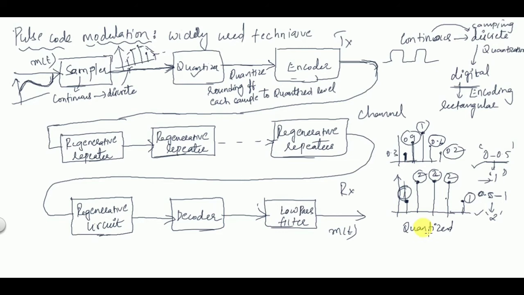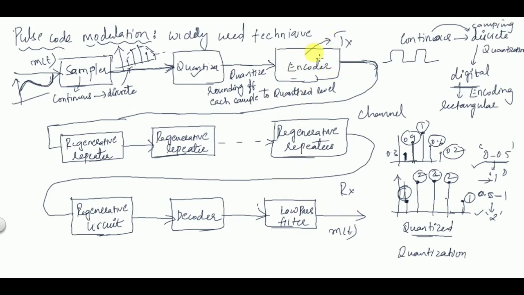This process of rounding off the amplitude values of the samples is called quantization. In my next video I'll explain clearly what quantization is.